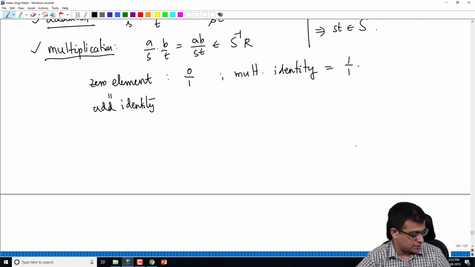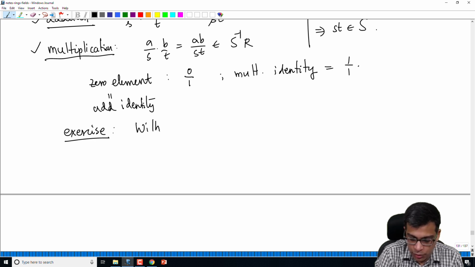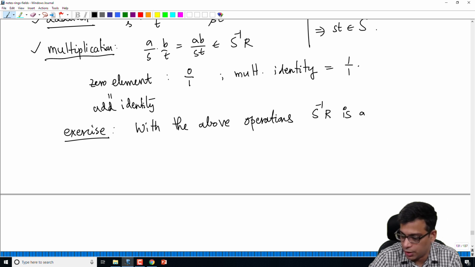With this, I will leave the remaining checks as an exercise; this part I will not do. With the above operations, S inverse R is a ring.